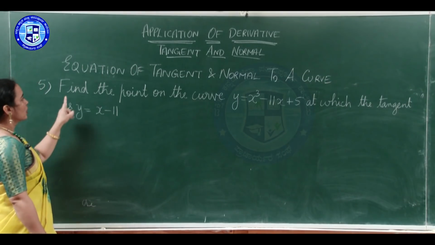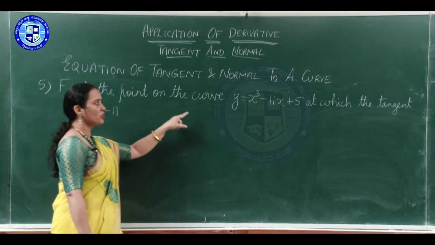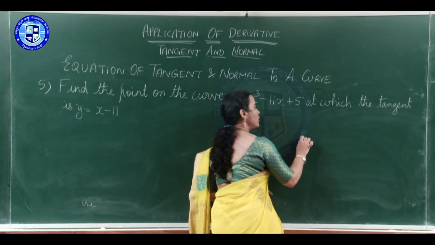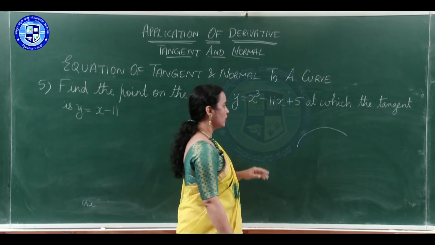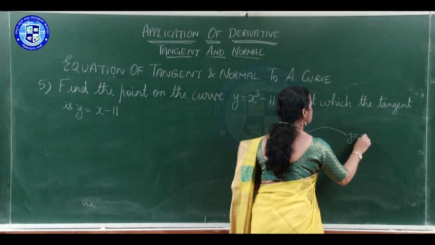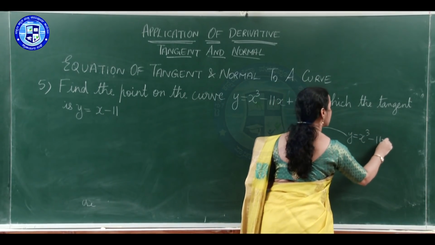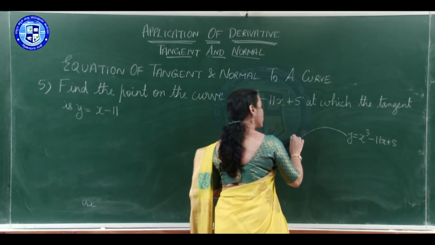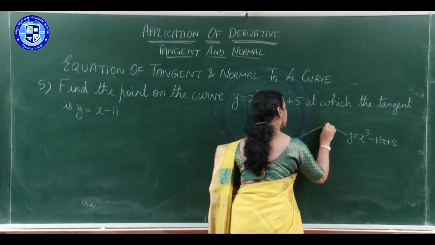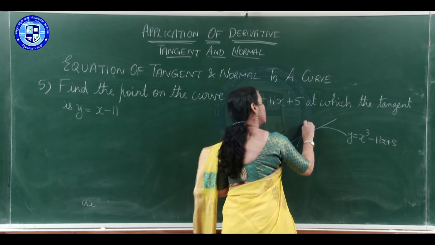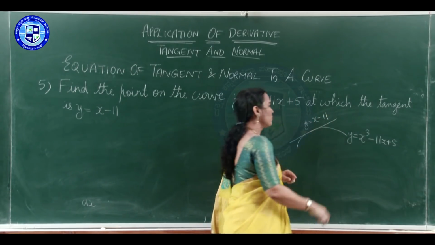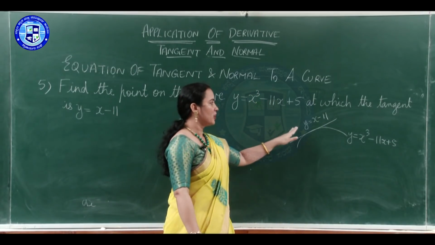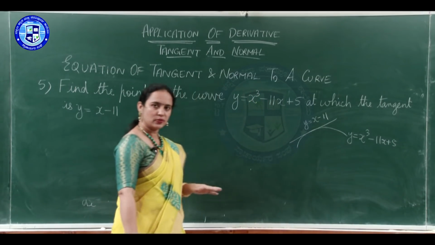Fifth problem, find the point on the curve y is equal to x cube minus 11x plus 5. So, they have given equation of the curve y is equal to x cube minus 11x plus 5, at which the tangent, they have given equation of the tangent, which is y is equal to x minus 11. Now, equation of tangent is given, equation of the curve is given.